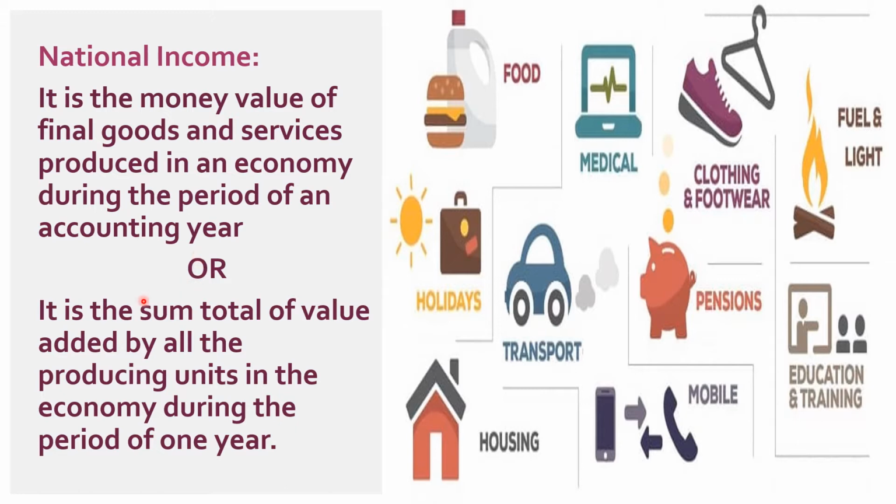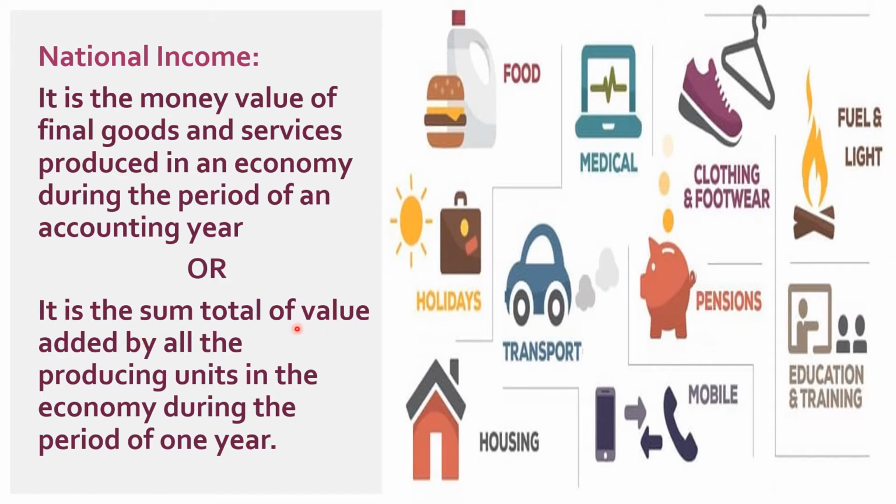National income is also defined as the sum total of value added by all the producing units in the economy during the period of 1 year. In the videos that follow, we will be learning about the methods of calculating national income, one of which is called the value added method.